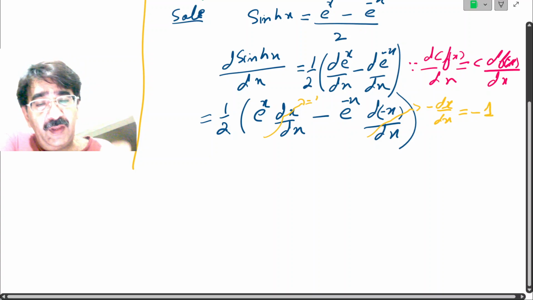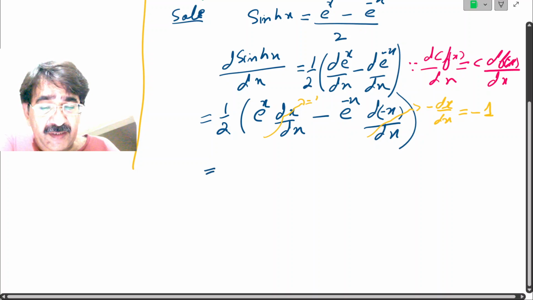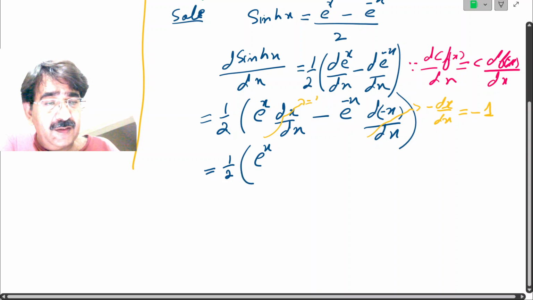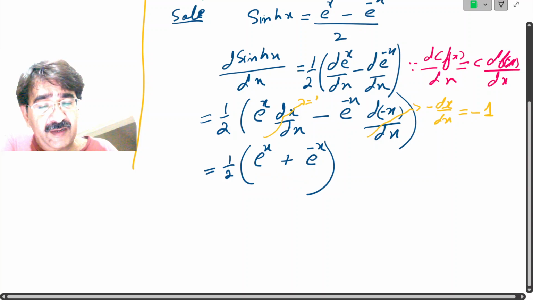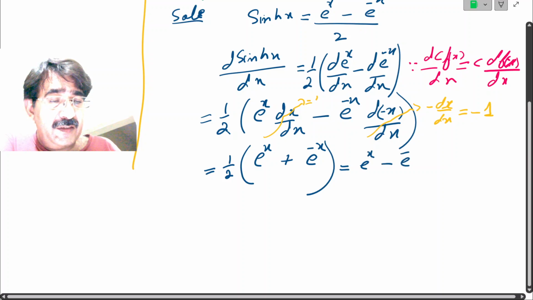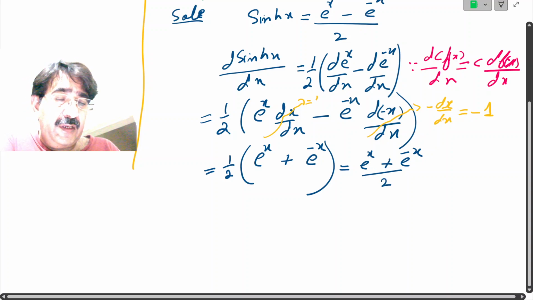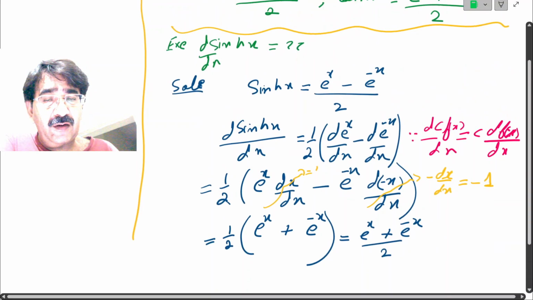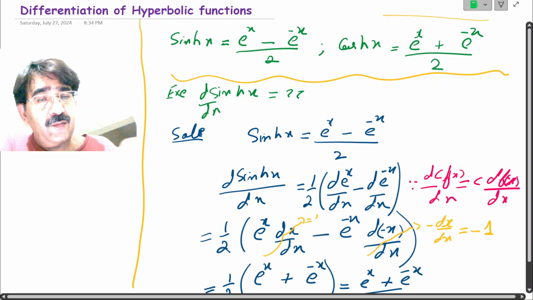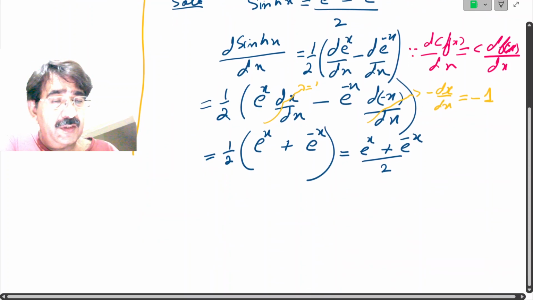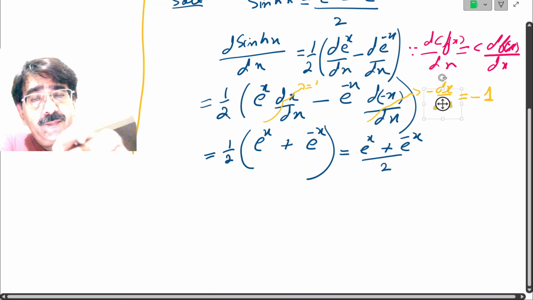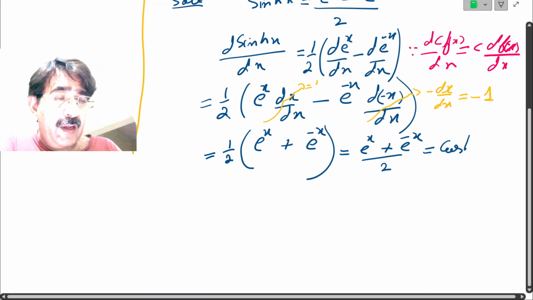So in this way we will get the final result, 1 by 2 (e^x minus minus, because that is a minus 1, so plus e^(minus x)). Sorry, I have already taken the 2 common, so this is e^x plus e^(minus x) divided by 2, and according to the formula that is equal to cosh x.